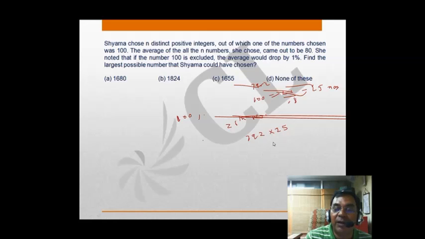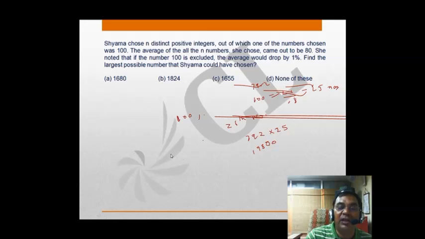5 is the borrow. 25, 230. And the carryover is 23. 25 into 7 is 175. So 1980.